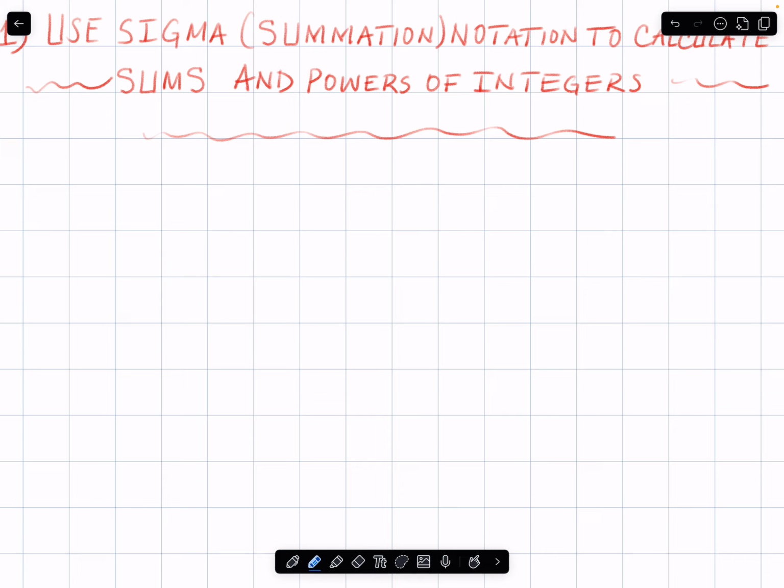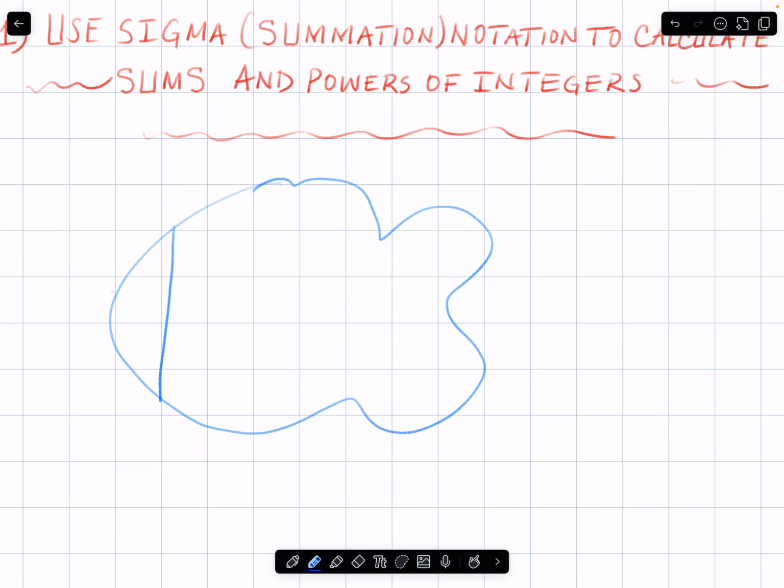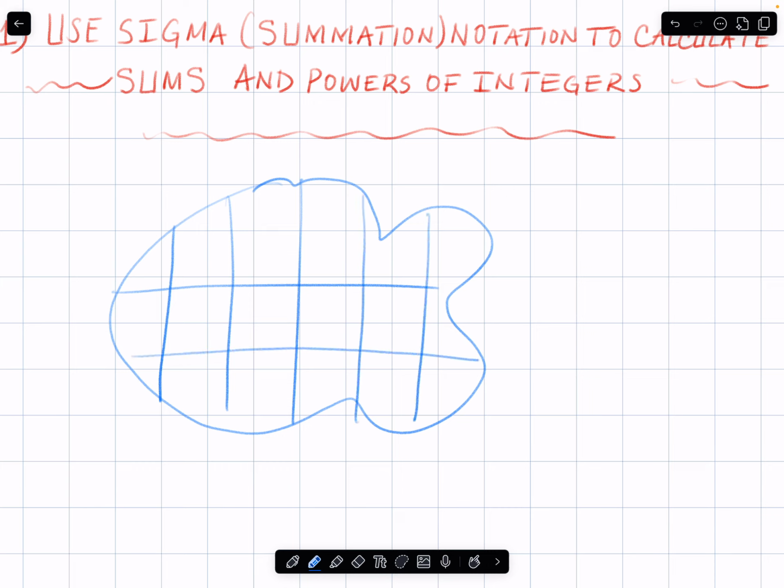And when it came to calculating areas of irregular shapes, he used a method of exhaustion in which he would take, let's say, a rock of this irregular shape, and then cut it into small pieces of known shapes like rectangles, squares, or circles.